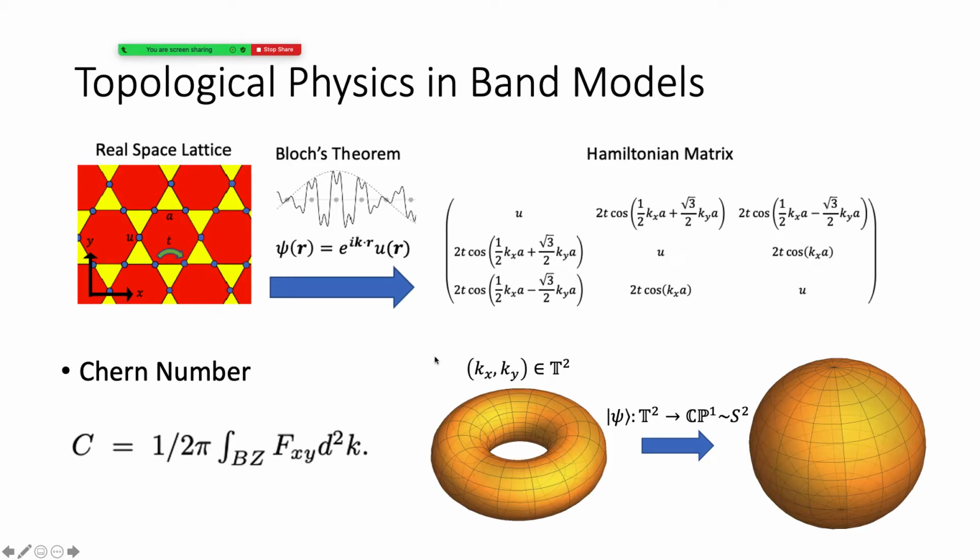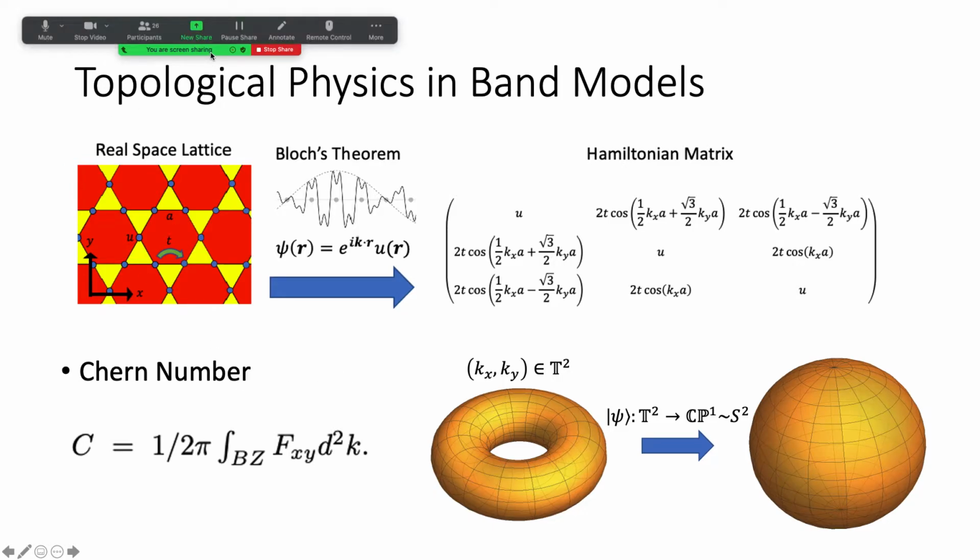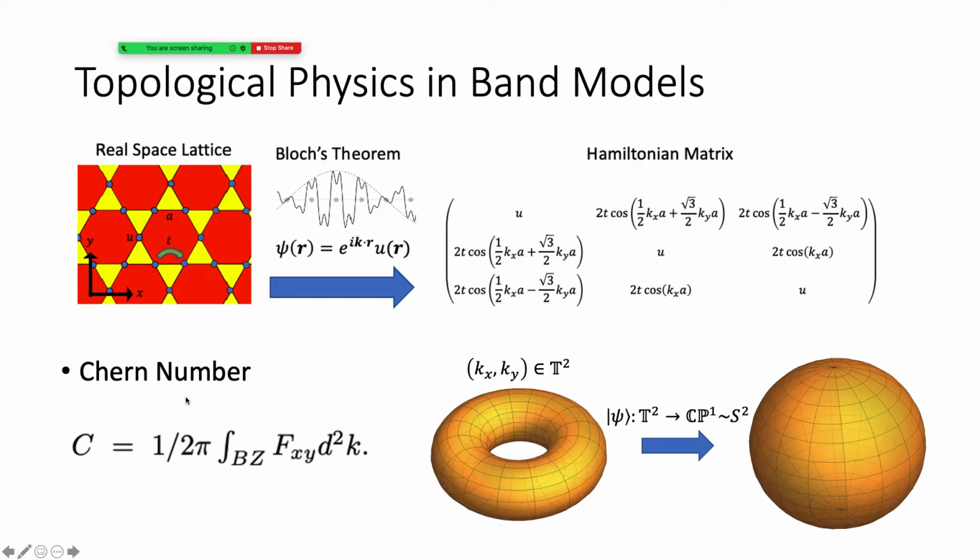It turns out that there are some topological aspects to the quantum states, and there's a topological invariant associated with each material called the Chern number. So the Chern number is sort of like an integer that labels each material that we have, and is a topological label.